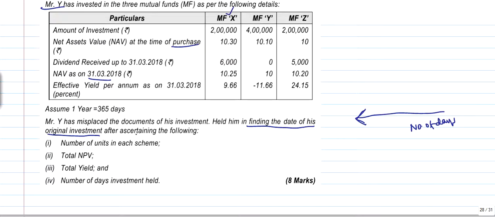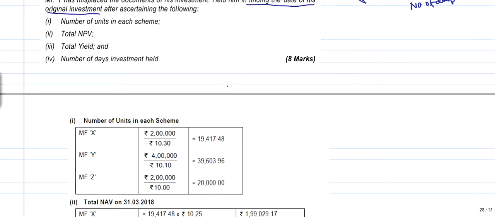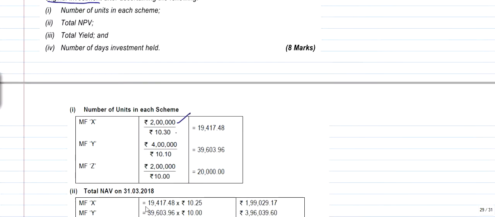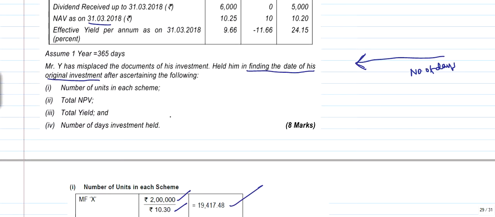Number of units in each scheme, what is that? Number of units: direct 2 lakh invested divided by 10.30, 2 lakh divided by 10.30, you will get the number of units, correct? Yes. Total net asset value, how come here? It is most probably net asset value.